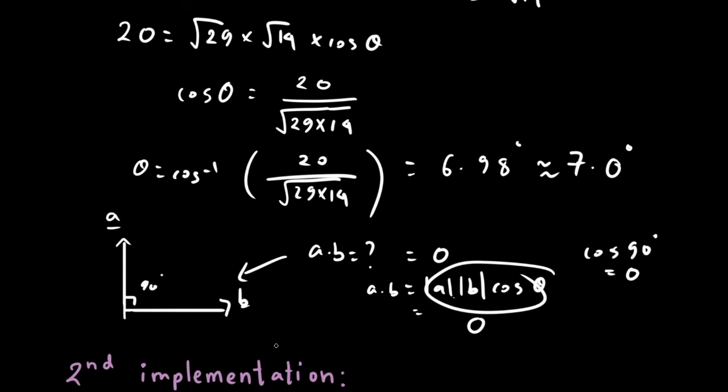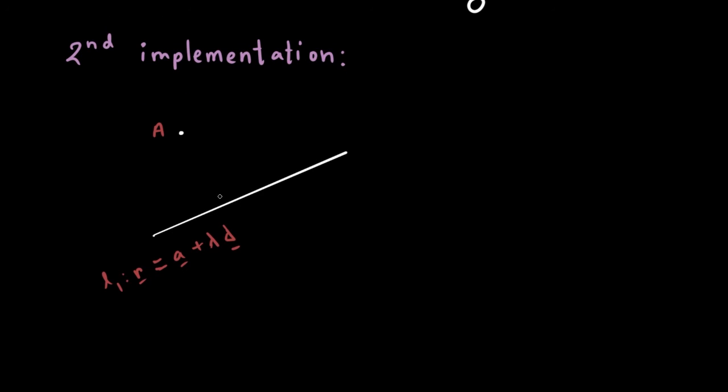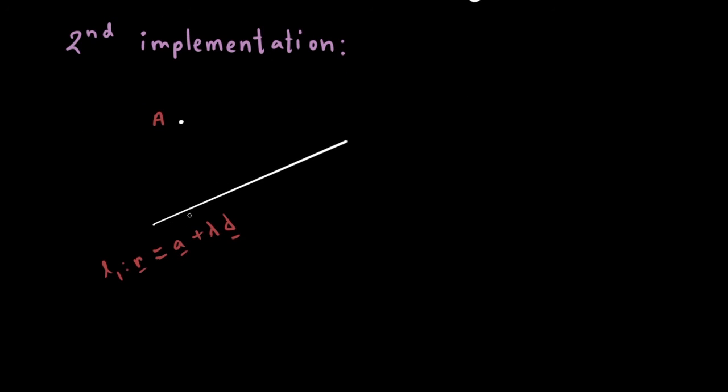Now, this is the key aspect of the second implementation. Alright. So let's say this is the point A and this is the line r equals to c plus lambda d. The foot of the perpendicular from A to this line would be the point F on this line, such that the vector AF is perpendicular to this line, as in it makes 90 degrees.